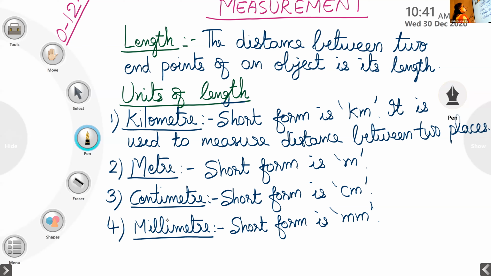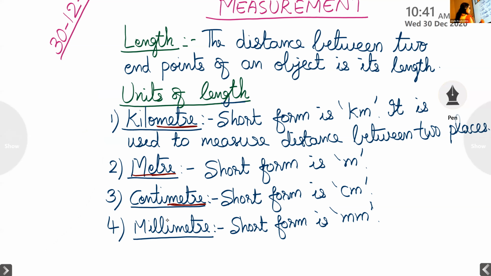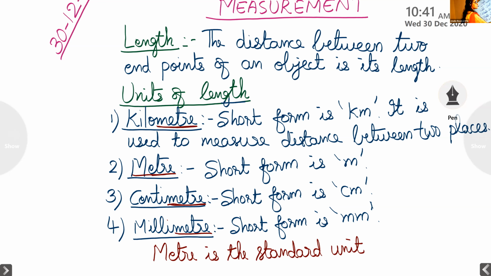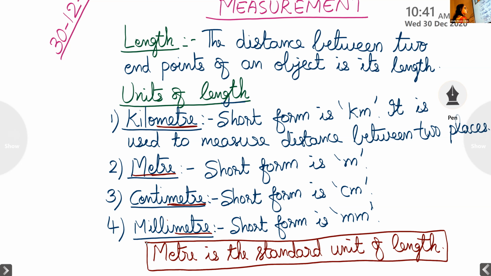So, since meter is there in all the units, we call meter the standard unit of length. Meter is the standard unit of length.